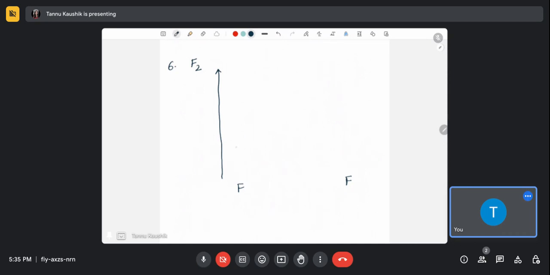So if we take the valence electrons only, they are in the 2s and 2p orbitals.